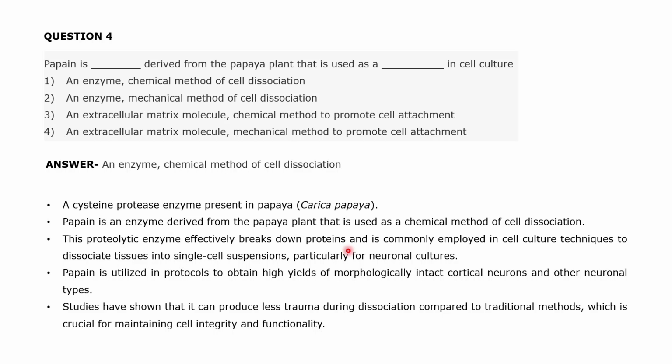Whatever enzyme you are using, papain or collagenase, you need to use only a low concentration so that it doesn't affect the structural integrity or any other process of the individual cell. It should only degrade the extracellular matrix. So papain is used in this process at a lower concentration.